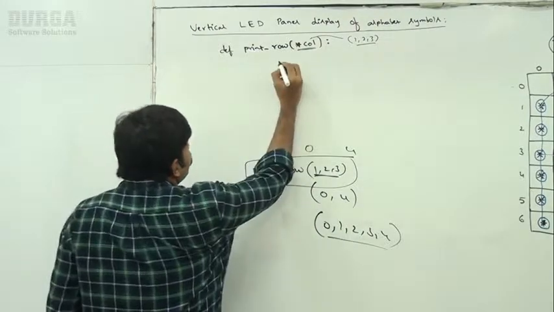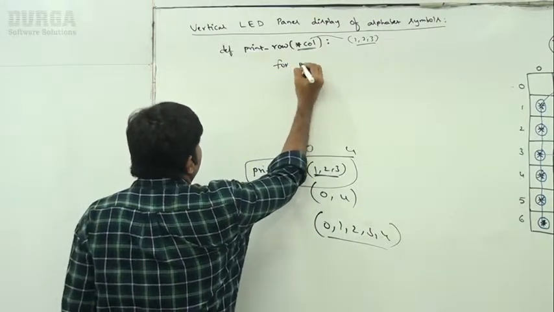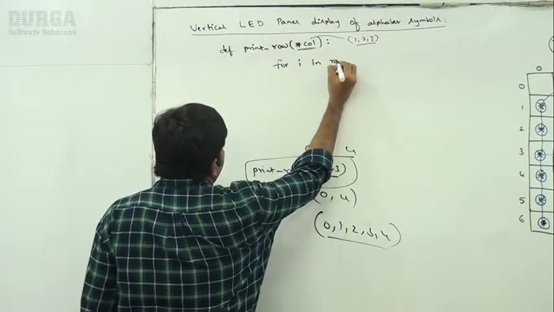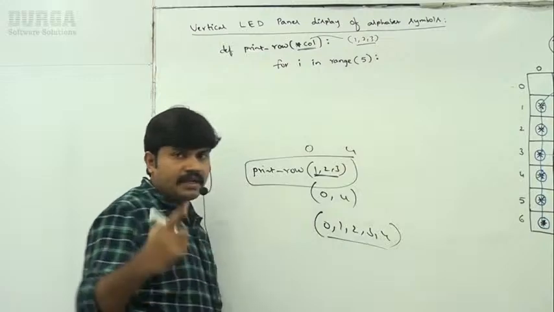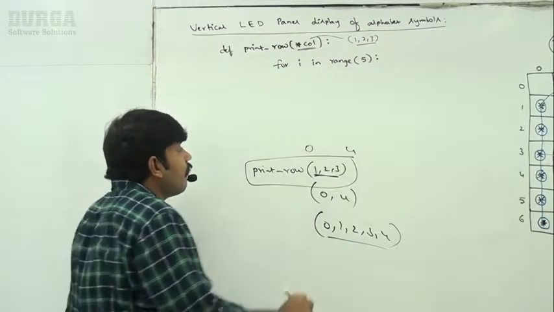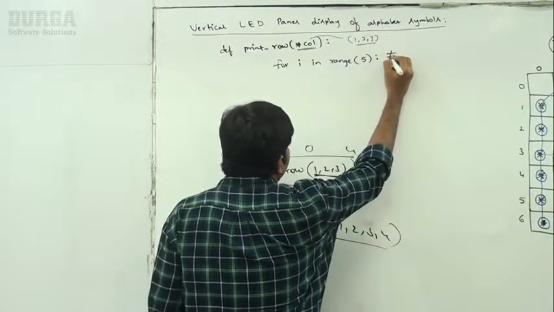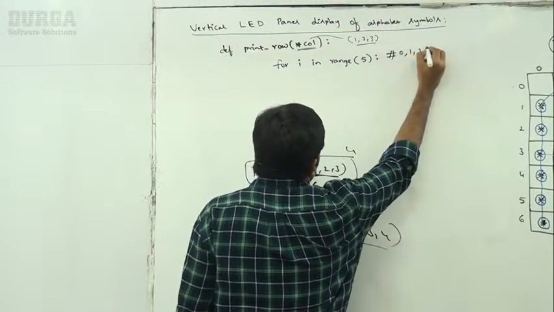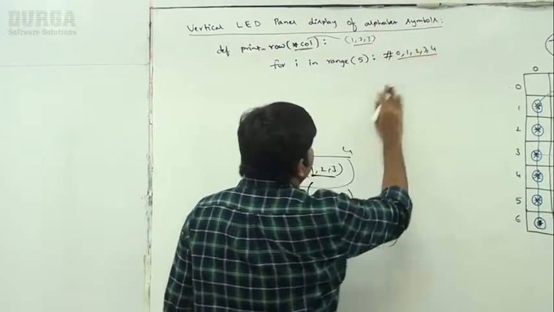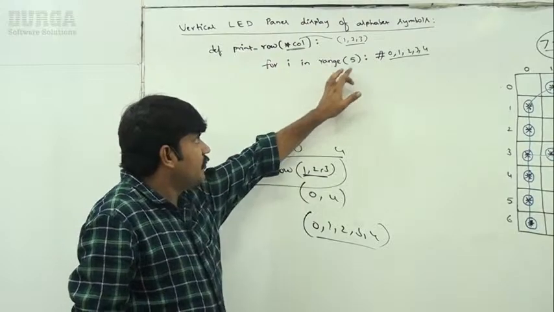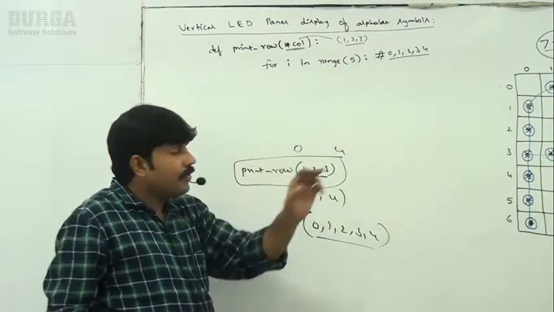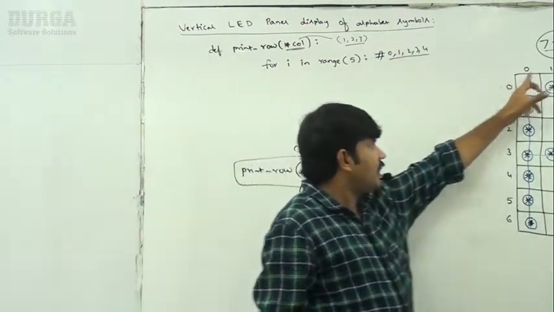Now here, for i in range(5). Can you please tell what the various possible values for i are? 0, 1, 2, 3, 4. For i in range(5), the i values are 0, 1, 2, 3, 4, because these are the column values.